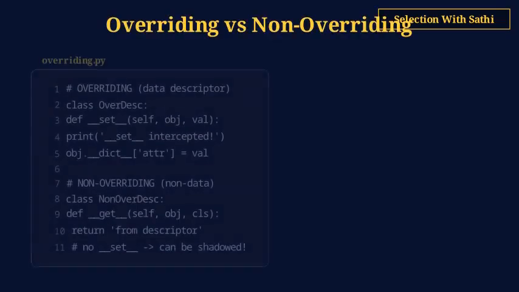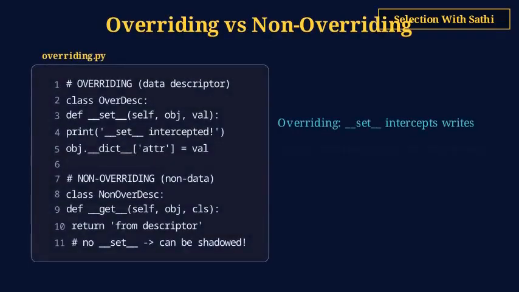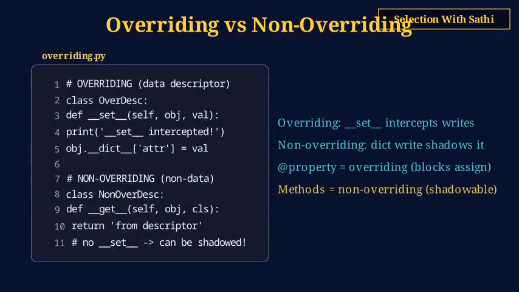Overriding and non-overriding are alternate names for data and non-data descriptors. An overriding descriptor intercepts writes to the instance. When you assign obj.attr, __set__ is called, the instance dict is not touched. A non-overriding descriptor does not intercept writes.